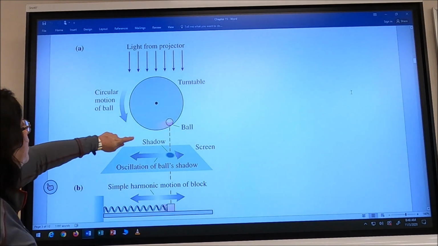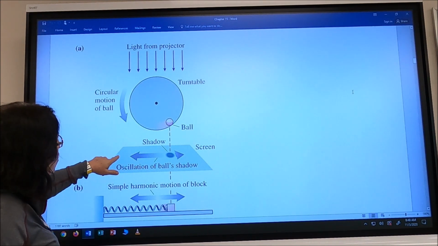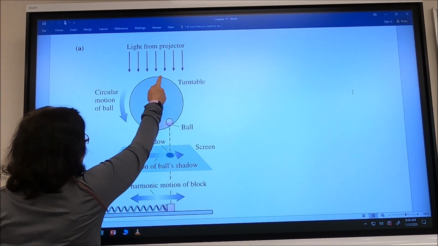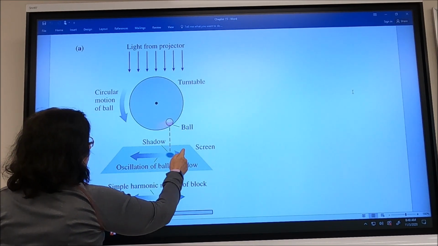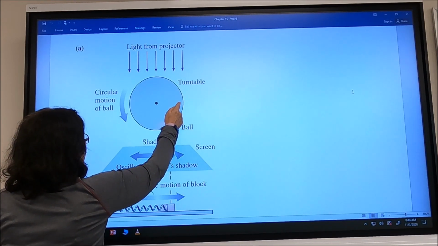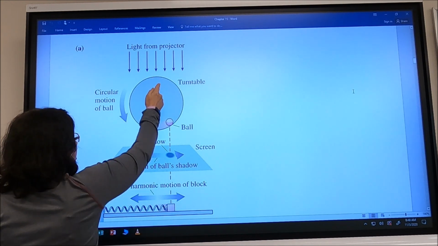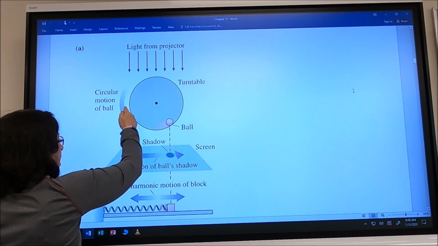Now, if we have a ball here attached to a rotating disc and we shine light on it and we watch the shadow, as this turns this way, the ball will move out and it'll reach a maximum shadow position. And then as it moves in toward here, it moves in toward the equilibrium shadow position, and then it moves out to its maximum position in this direction.